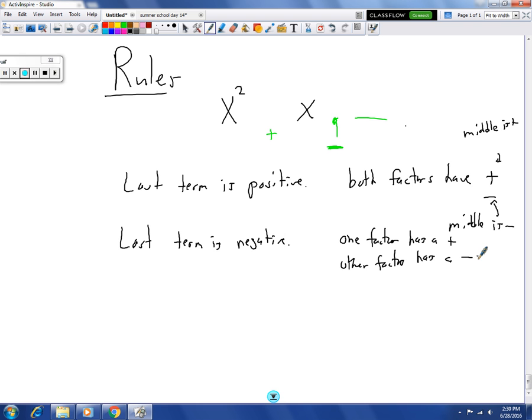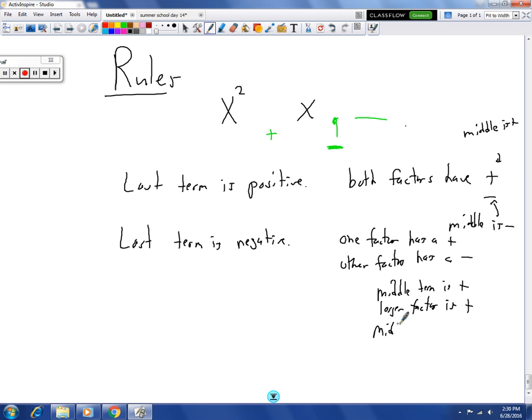So how do you know which to use? Let's see. Okay, which one to use? Boy, it makes me have to think. Okay, if your middle term is positive, then your larger factor is positive.